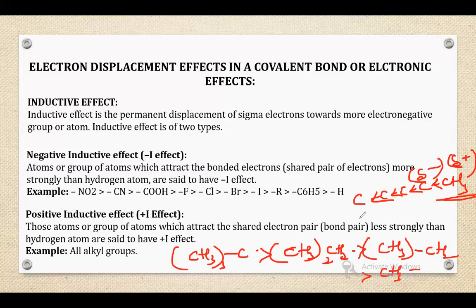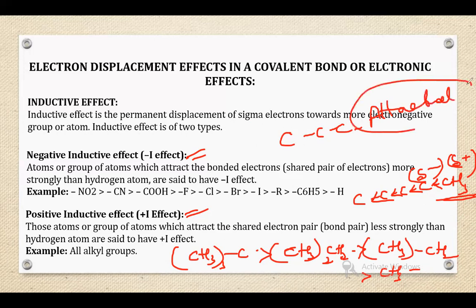I hope you are getting the difference between the negative inductive effect and the positive inductive effect, the minus I effect and the plus I effect. Any carbon attached to another group, whether the attached group is more or less electronegative, determines the inductive effect.